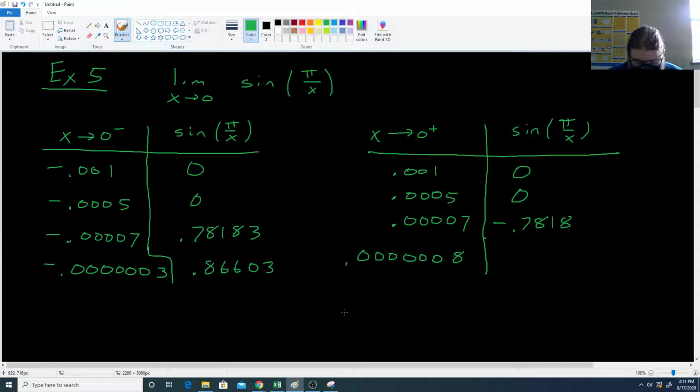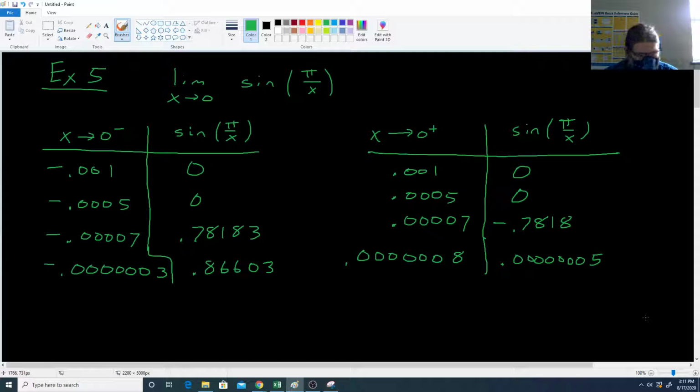All right, let's look at 0.1, 2, 3, 4, 5, 6, then an 8. That gives me 0.1, 2, 3, 4, 5, 6, 7 zeros, then a 5. Okay, so numerically, this does not look like it's settling down on anything. It doesn't look like it's approaching anything.